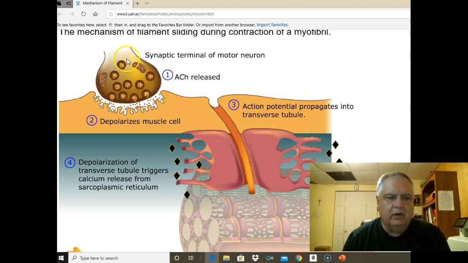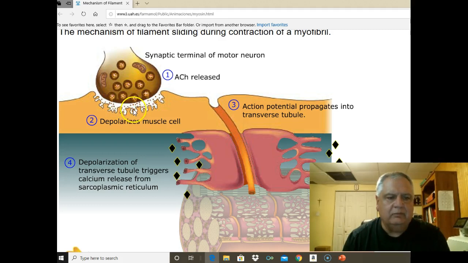So up here, this is the synaptic terminal of a motor neuron. An action potential just traveled down this motor neuron. The synaptic vesicles moved to and fused with the plasma membrane of the motor neuron, what we sometimes refer to as the presynaptic membrane. They burst open and release the neurotransmitter acetylcholine.